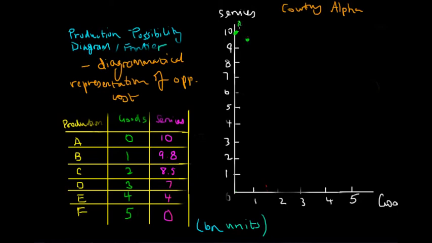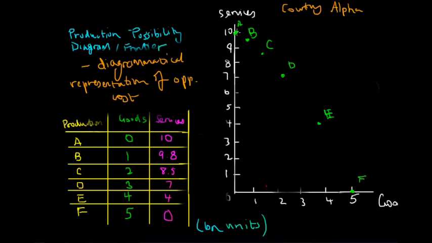So here's point A, point B. C, we have 2 billion units of goods, 8.5 billion units of services. D, 3 billion units of goods and 7 billion units of services. E, 4 and 4 billion respectively. And 5 billion dollars worth of goods and $0 billion worth of services at production possibility F.